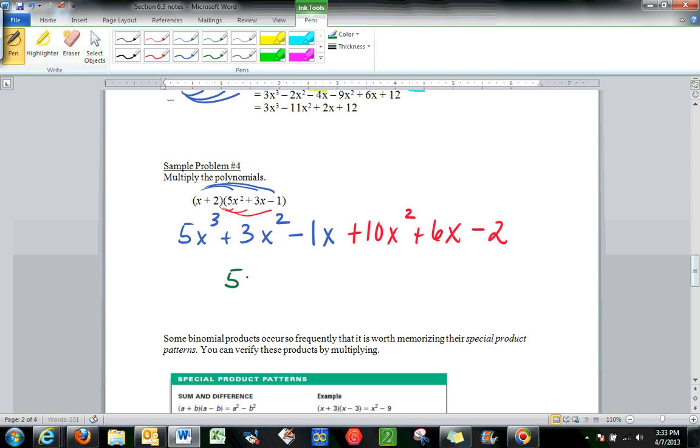So that's going to leave us 5x to the third plus 13x squared plus 5x minus 2. And we've multiplied the polynomials in a horizontal format. Learn both ways and then just decide which one works best for you, and you can use that method on the test.